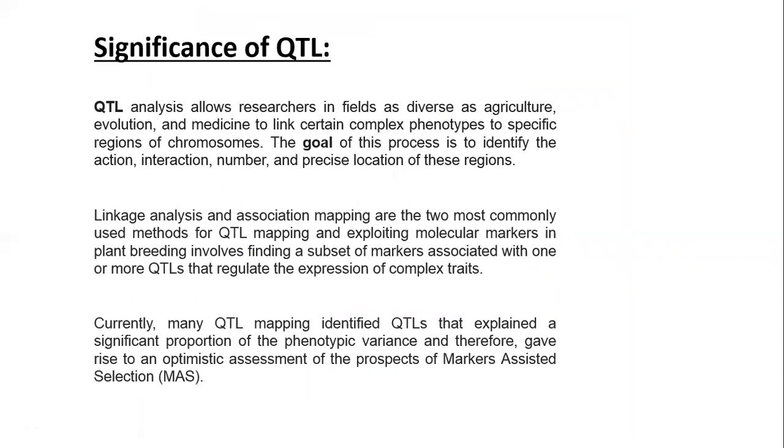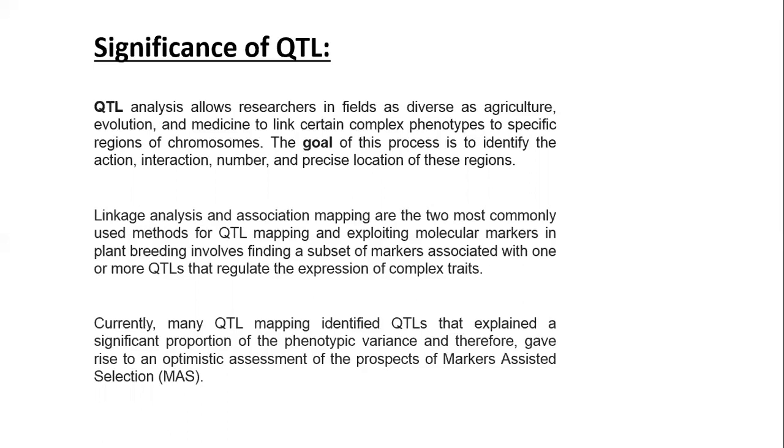So what are the significances? QTL mapping allows researchers in fields as diverse as agriculture, evolution and medicine to link certain complex phenotypes to specific regions of the chromosome. It can help us find the map on the chromosome for a particular gene and its marker.